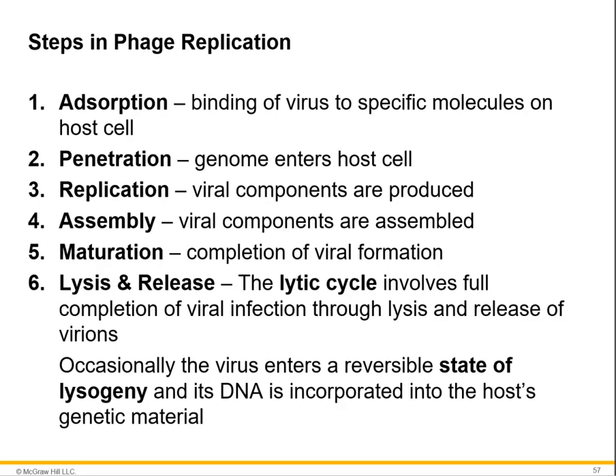All right, steps in phage replication. You're going to notice this is very similar to the viral multiplication life cycle we've already talked about. You've got the step of adsorption, where the virus binds to the host cell. Penetration, where the viral genome enters the host cell. But you'll see there is no uncoating step.